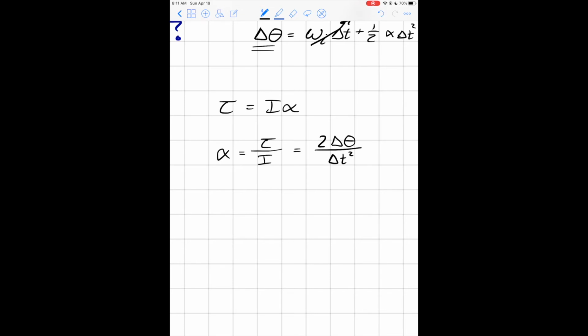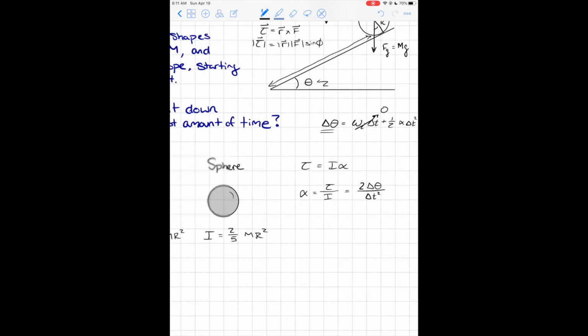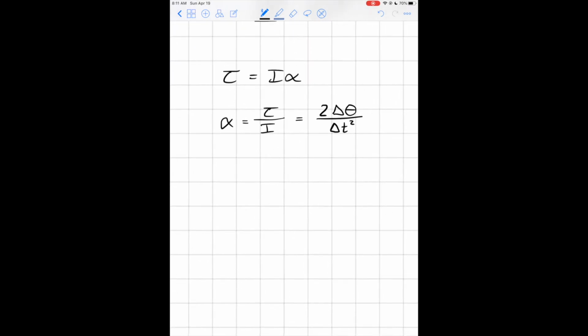Now the last thing I want to say is that I have the exact same delta x, the same distance I need to go through. If I'm unrolling this circumference, I can talk about the delta x that I need to pass through. I can really say that delta x over r is delta theta, and that times delta t squared is equal to tau over I. So now it really just rests on solving for delta t.